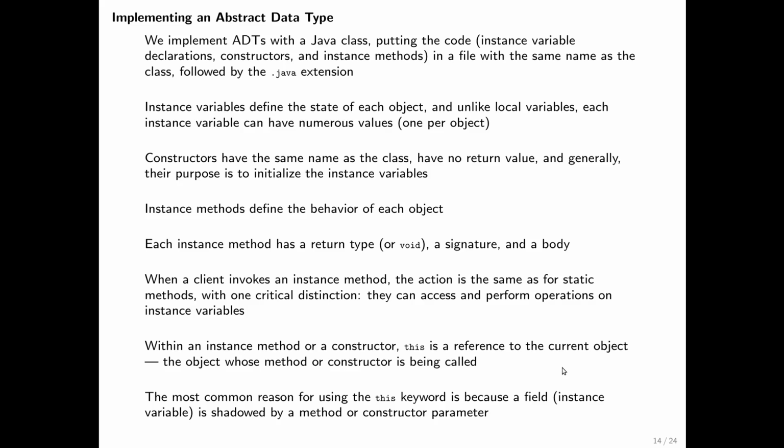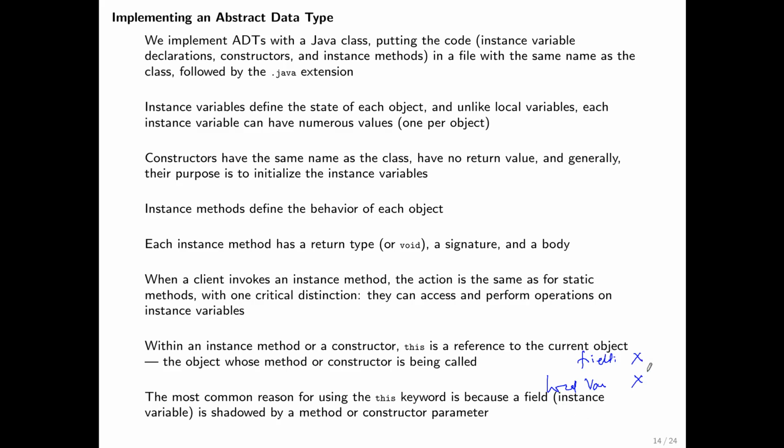So if you have a field called x, or an instance variable called x, and let's say you also have a local variable x, how do you tell the difference between the two?